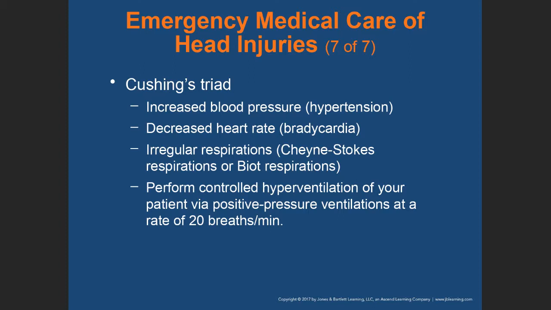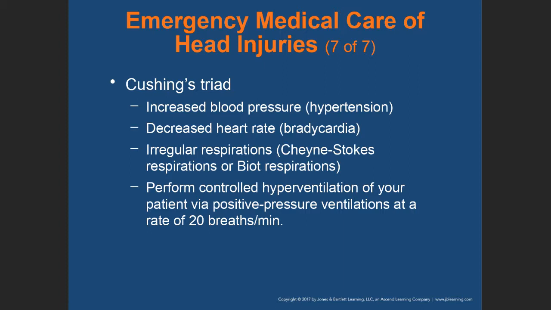Cushing's triad: increased blood pressure, that's hypertension, decreased heart rate, bradycardia, irregular respiration, Cheyne-Stokes or Biot respiration. Perform controlled hyperventilation of your patient via positive pressure ventilation, and this will be based on your protocol.